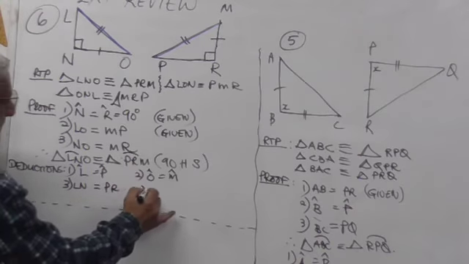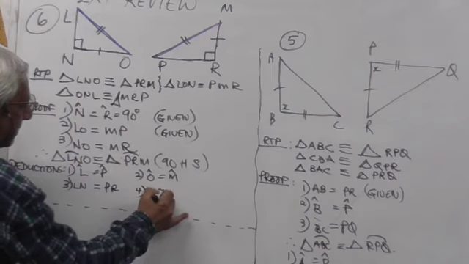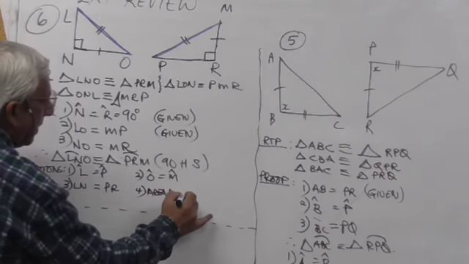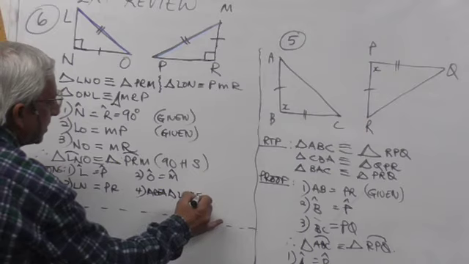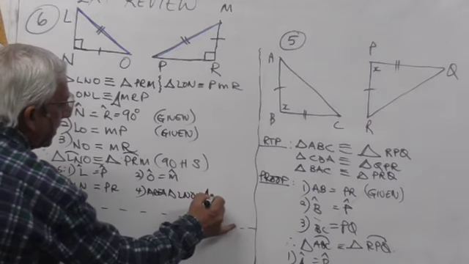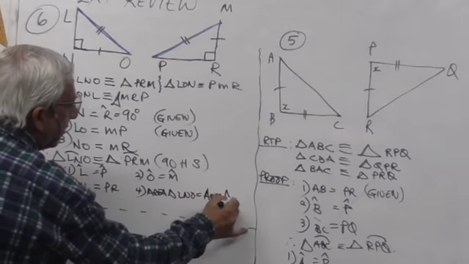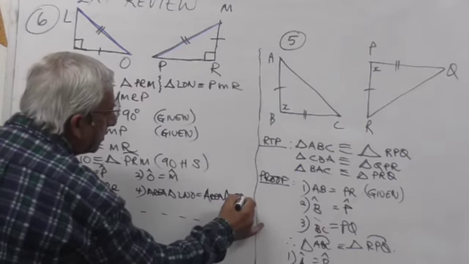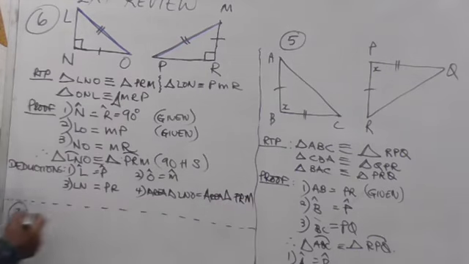And number 4, the area of triangle LNO is equal to the area of triangle PRM. Right. Okay, just giving you a few seconds to have a look at that and to think about it before we do number 7.